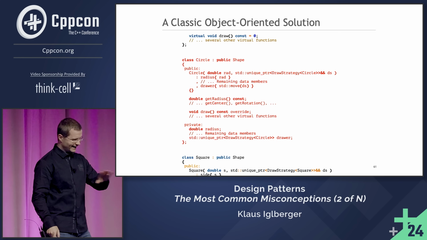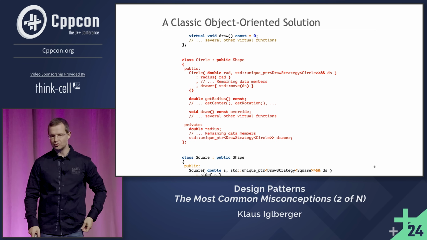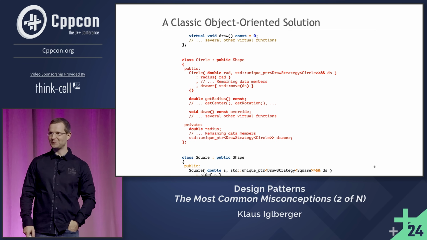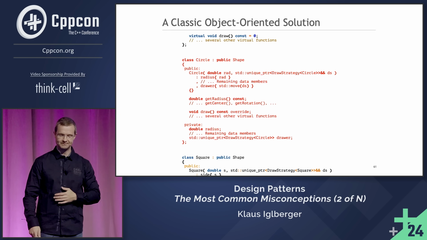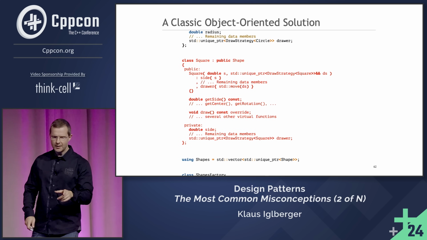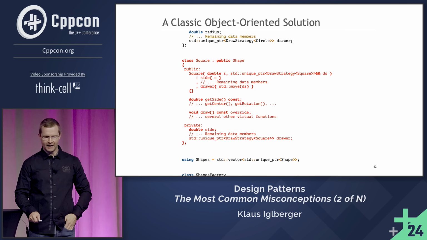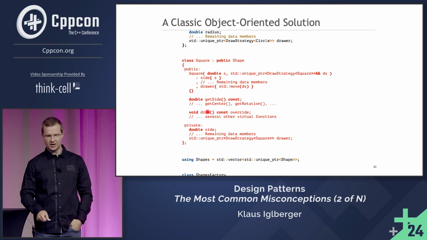It doesn't have to know anything about the implementation details. It's not free of this, but it can still draw itself. Great. Yeah, this is a design pattern, the strategy design pattern. Now, of course, the circle is a little alone, so there's also a square, but this is the same thing again. Also, the square would take a draw strategy, now one for square, and it would draw itself by means of this draw strategy. Good.